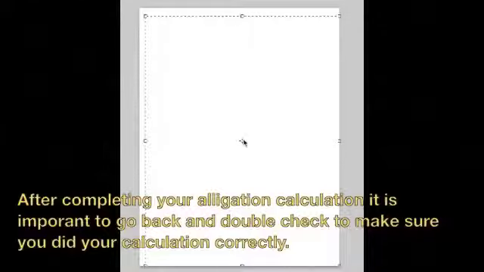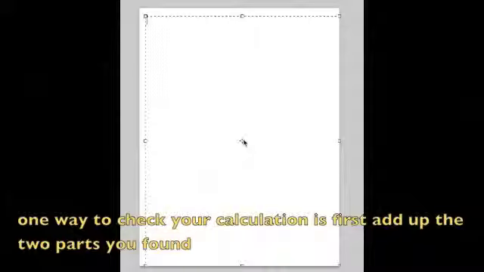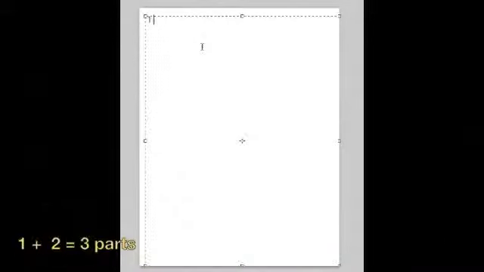After completing your alligation calculation, it is important to go back and double check to make sure you did your calculation correctly. One way to check your calculation is first to add up the 2 parts that you found. So 1 part plus 2 parts equals 3 parts.